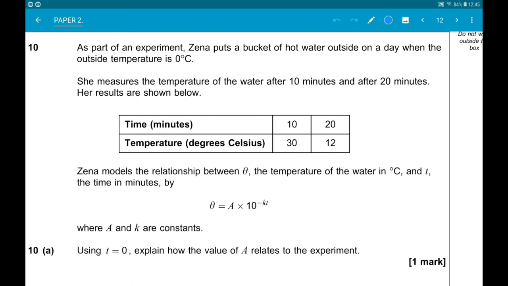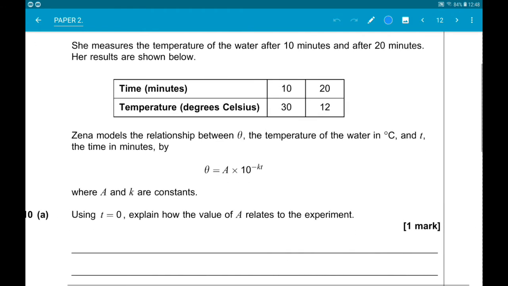She models the relationship between theta, the temperature of the water in degrees Celsius, and T, the time in minutes, as theta is A times 10 to the minus KT. A and K are constants. Part A, using T equals 0, explain how the value of A relates to the experiment.